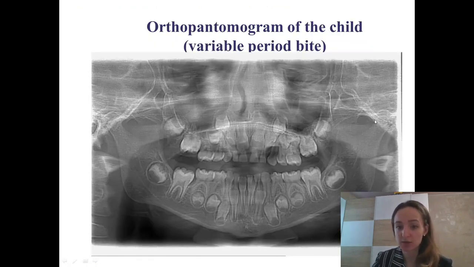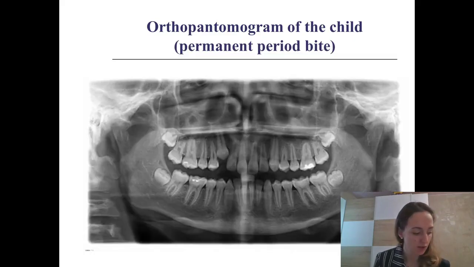This is an orthopantomogram of a child, and here we have the variable period of bite, and we can see, for example, the first permanent molar. We can see the germs of the permanent teeth. We can see the length of the stage, the growth of the teeth, and resorption of the roots of the teeth.